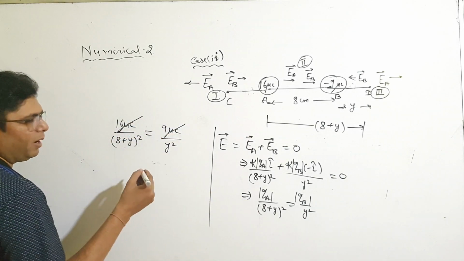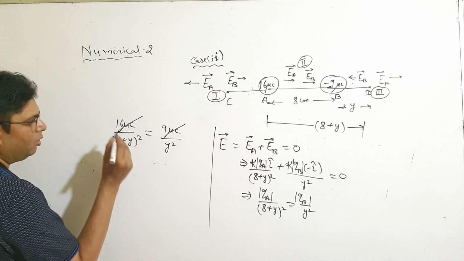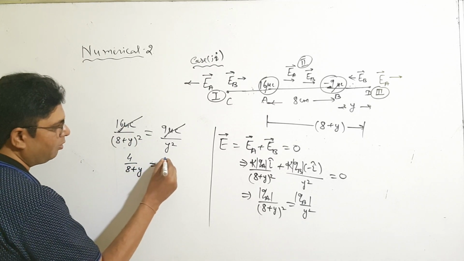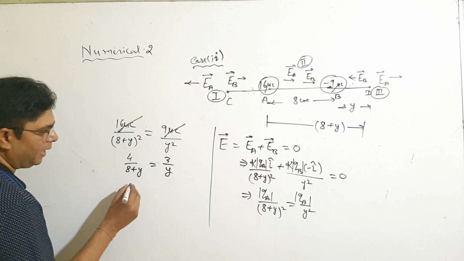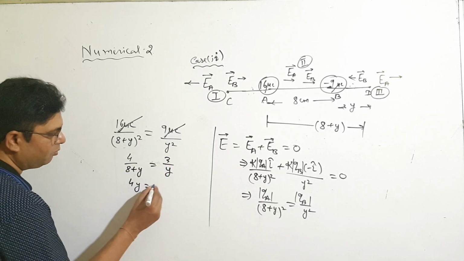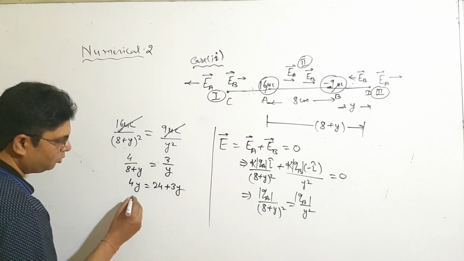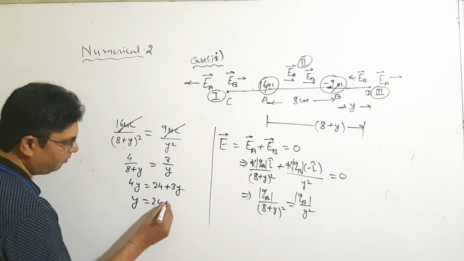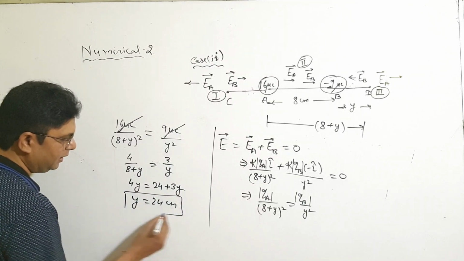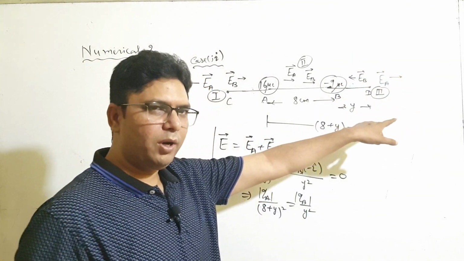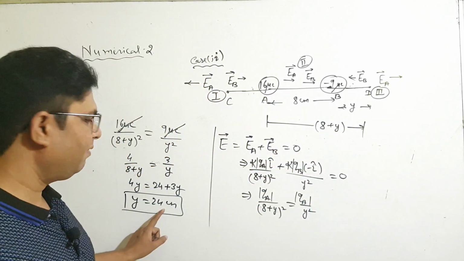Cancel this microcoulomb, take the square root. So square root of 16 is 4 upon 8 plus y, and here you have 3 upon y. Cross multiply it. You have 4y equals 24 plus 3y. So y is equal to 24 centimeter. This means that from B to D at 24 centimeter, electric field will be 0.